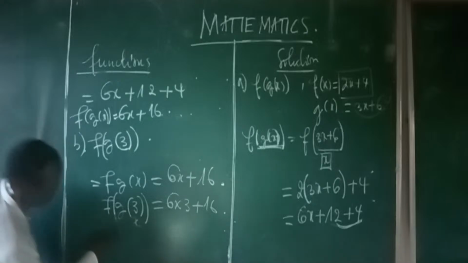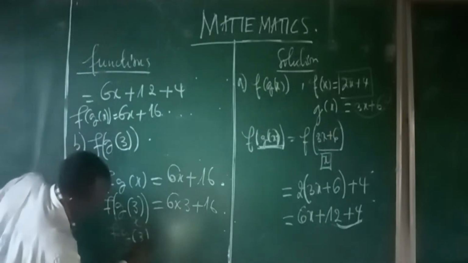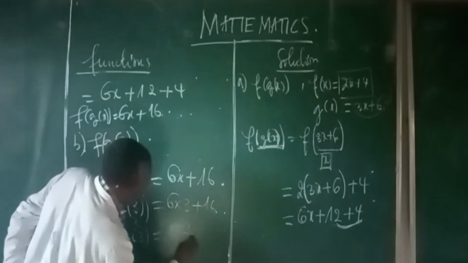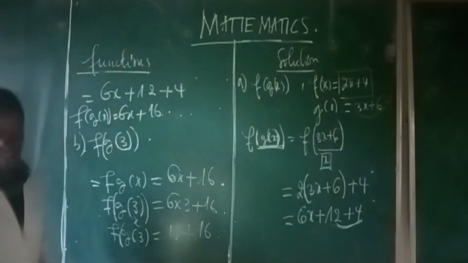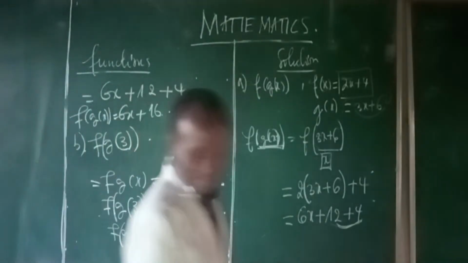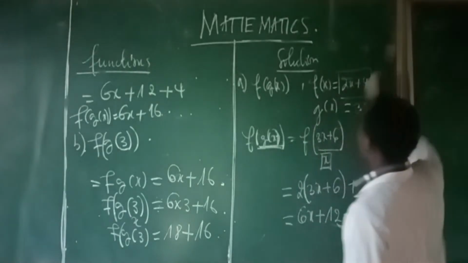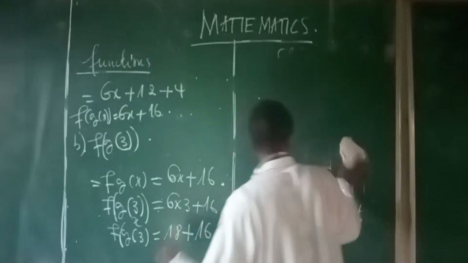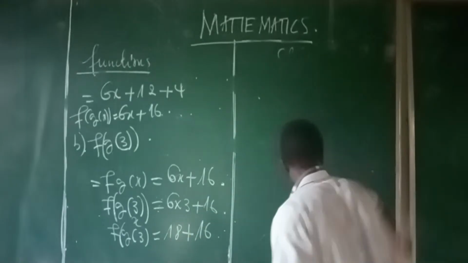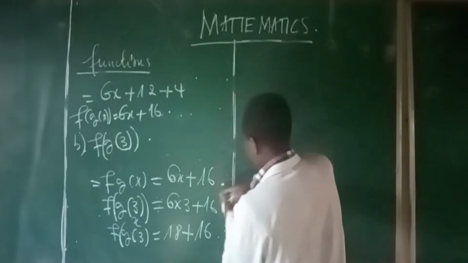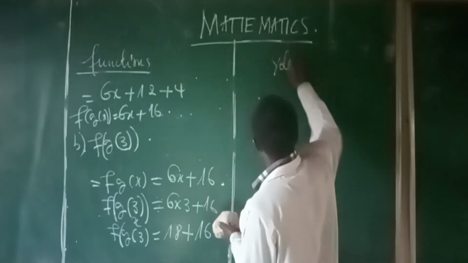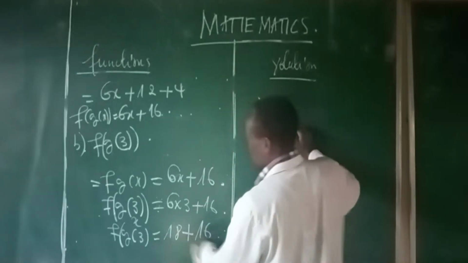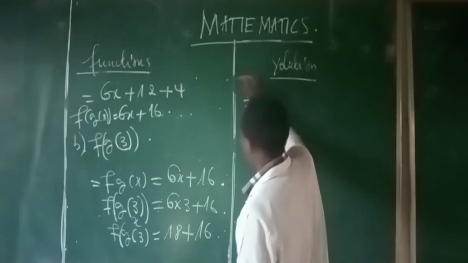Then f of g of 3 will be 18 plus 16. Now finally, 18 plus 16 is 34.